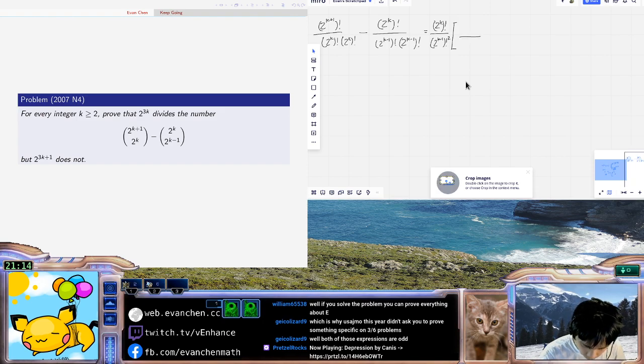So this is, oh, this is going to be so heavy on indices. Okay, and this is why I'm really scared to do this problem on stream. Which is why IMO this year didn't ask you to prove something specific.